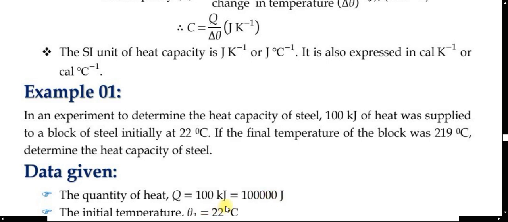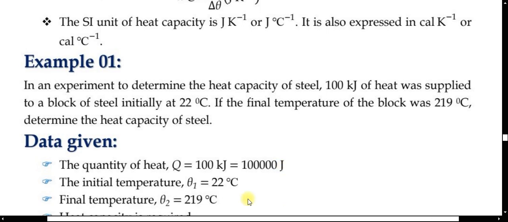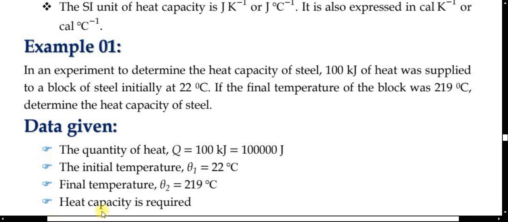So 100 kilojoules means 100,000 joules. We have also been given the initial temperature θ1 equal to 22 degrees Celsius, while the final temperature θ2 is equal to 219 degrees Celsius. Heat capacity is required. What is the heat capacity?